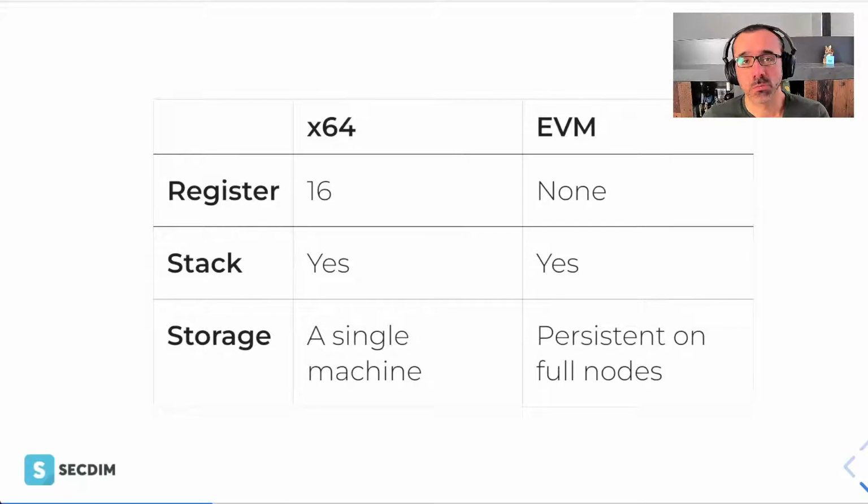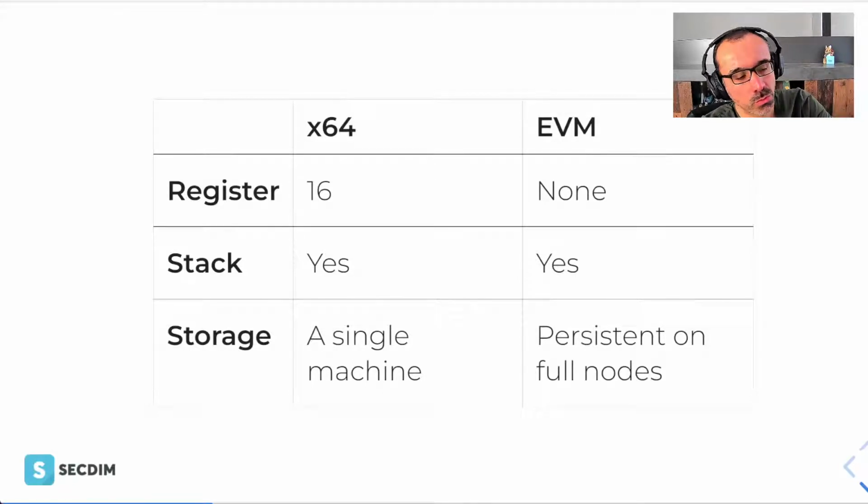In the EVM, we don't have any registers. We will see what happens instead. But you most likely remember the concept of a stack, and you have most likely heard about buffer overflows and stack overflows. Yes, we do have stacks in the EVM, but we're not going to have the same buffer overflow that you have seen previously in C or C++ languages.